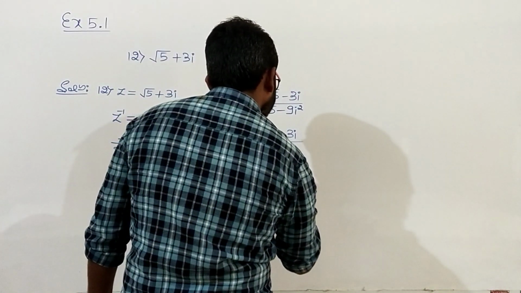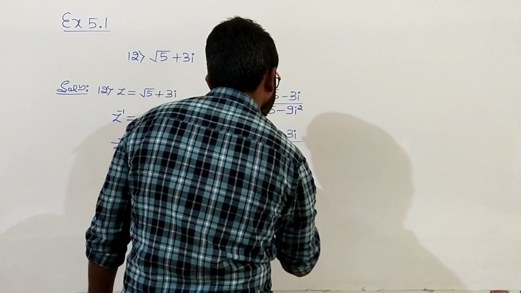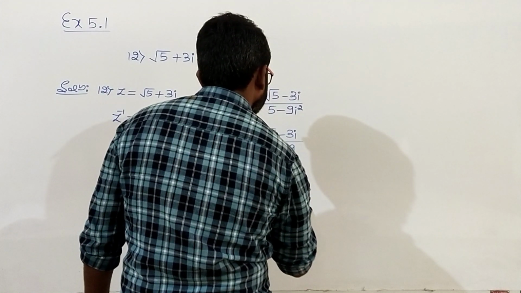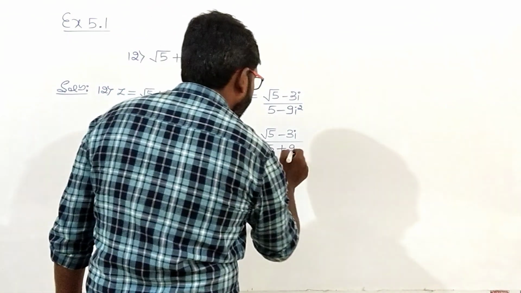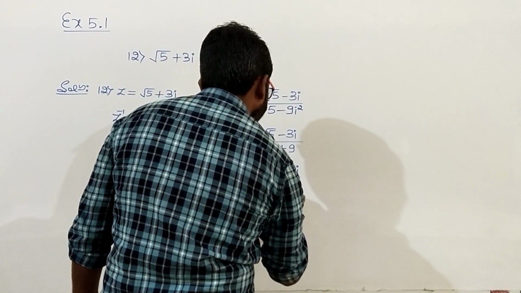5 minus 3i divided by 5 plus 9, it is 14.